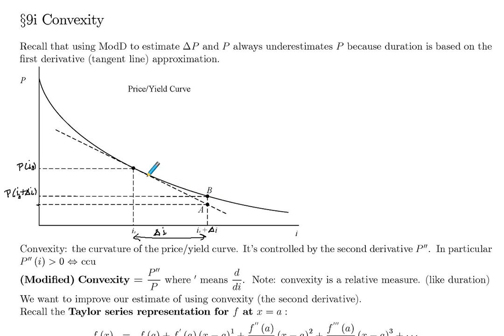And the reason that the tangent line is always below the curve for the price yield curve is because this curve is concave up. In fact, that's an alternate definition of being concave up: the tangent line is below the curve. So just a little note here: the tangent line being below the curve actually corresponds to the curve being concave up.